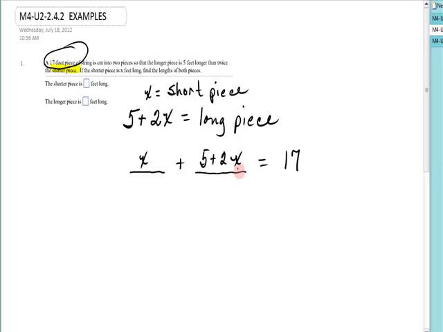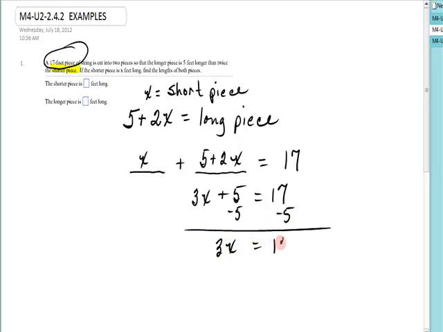Now I can combine like terms. I have an X and a 2X, which makes 3X, plus 5 is 17. Subtract the 5. 3X is 12. Divide by 3. X is 4. Now what does X represent? Going back, X is the short piece.